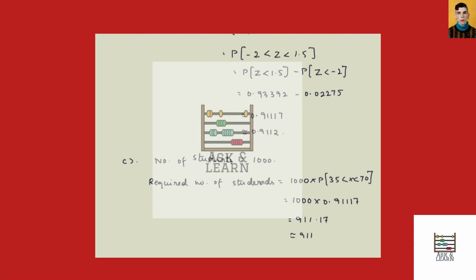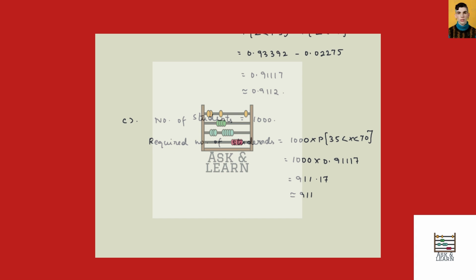From the above part we know the probability value, which is 0.91117. It is equal to 911.17. Approximately it is 911. Therefore here we conclude that 911 students out of 1000 have scored between 35 and 70.